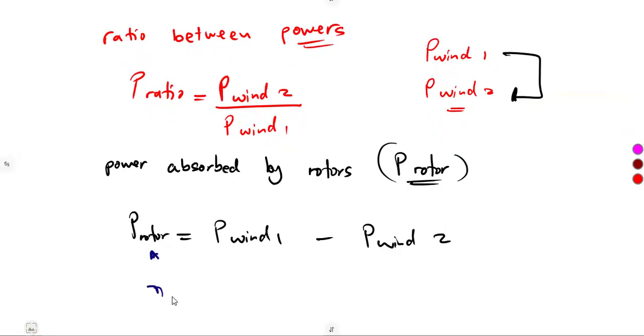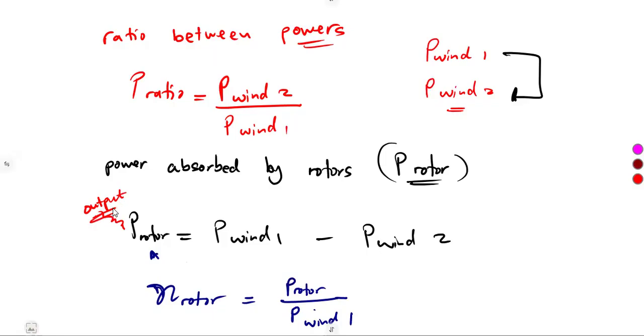You can calculate the efficiency of the rotor as output over input. The output is the rotor power, whereas the input is the wind power 1, P wind 1. So the rotor power is just the output at the end of the day. Efficiency can be determined as a percentage, just multiplied by 100%.